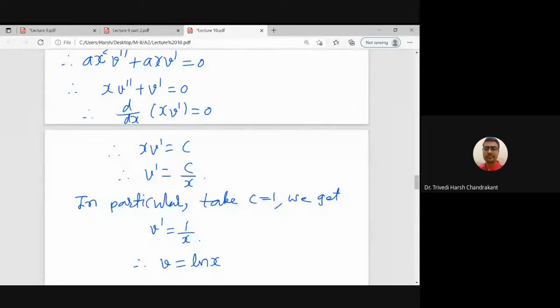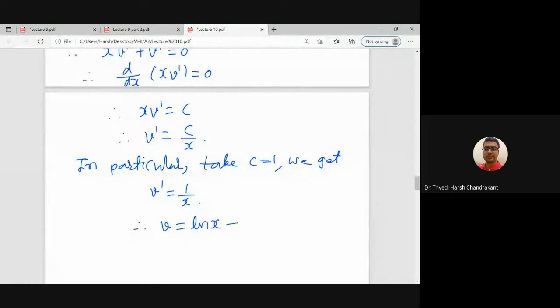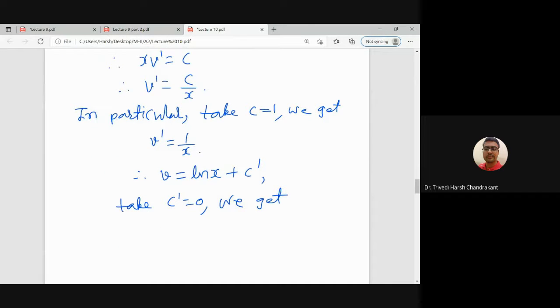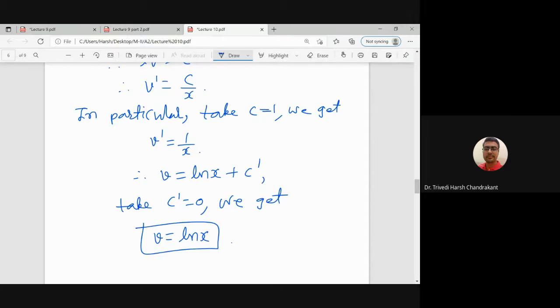Again, here also we'll get log x plus c dash. Again, take c dash is 0. So finally we get one particular solution, v is equal to log x. Because for different values of c dash there are different choices of v, but we are looking for only one choice.